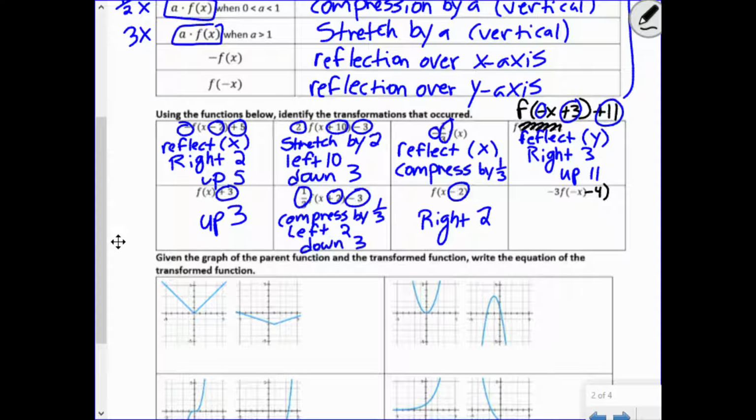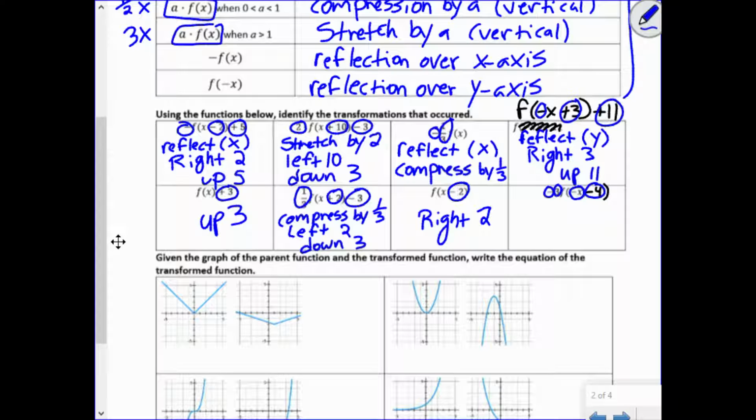Okay. So, how many transformations are there? There are 4. Where are they? The negative, the 3, the negative for the x, and then the minus 4. Remember, if you guys have a coefficient and a negative, they're split. They mean different things. Any multiplication with a minus means something different than the extra part of the coefficient.